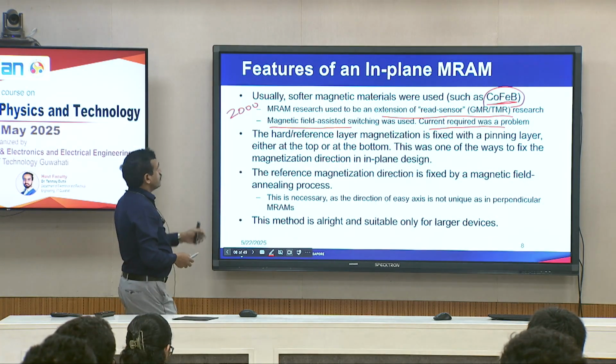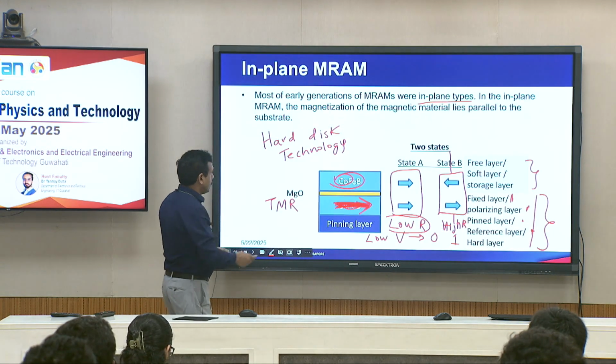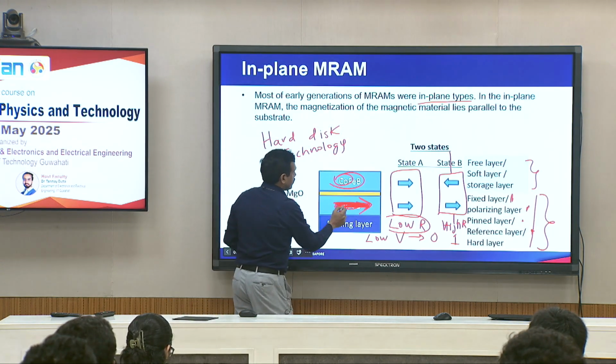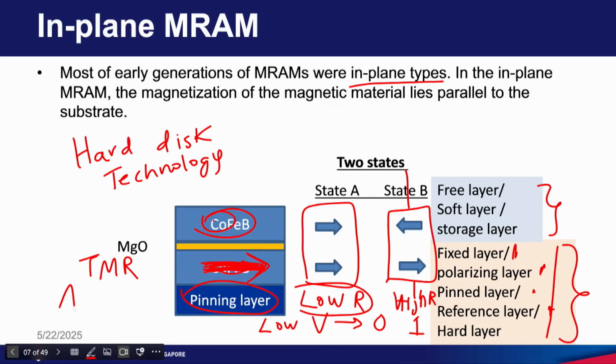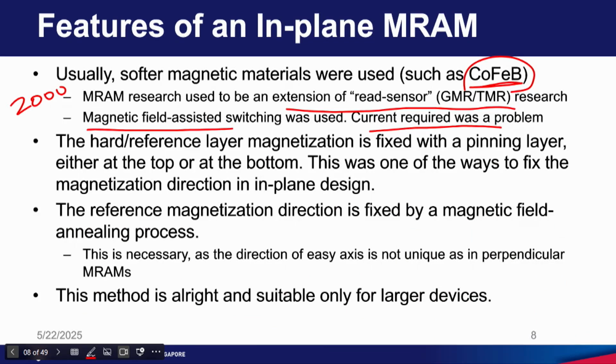So, in this particular technology, as I mentioned before, we pin the magnetization direction of the reference layer with a pinning layer, which is then antiferromagnetic material like iridium manganese, for example. So, that is the second point.